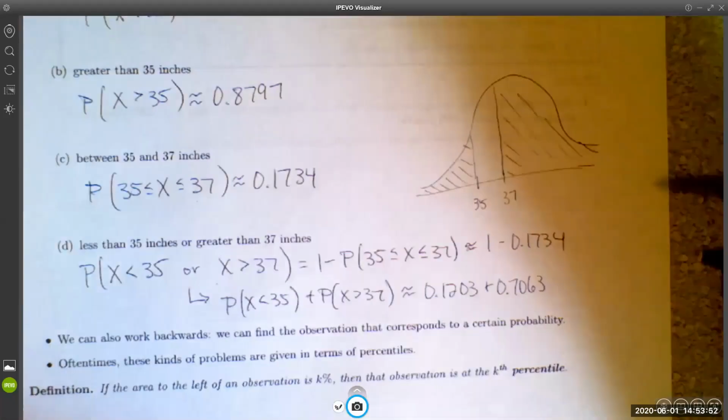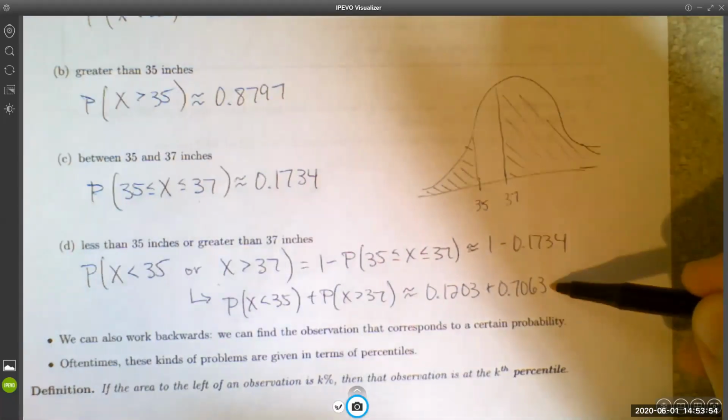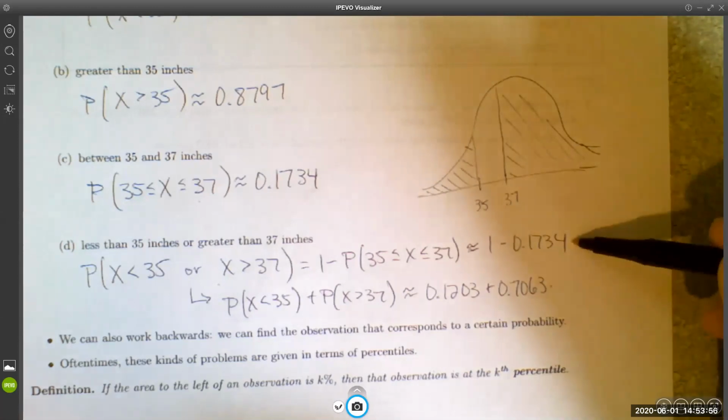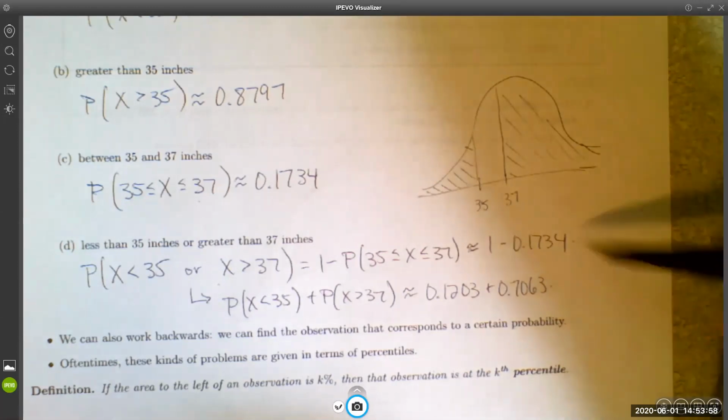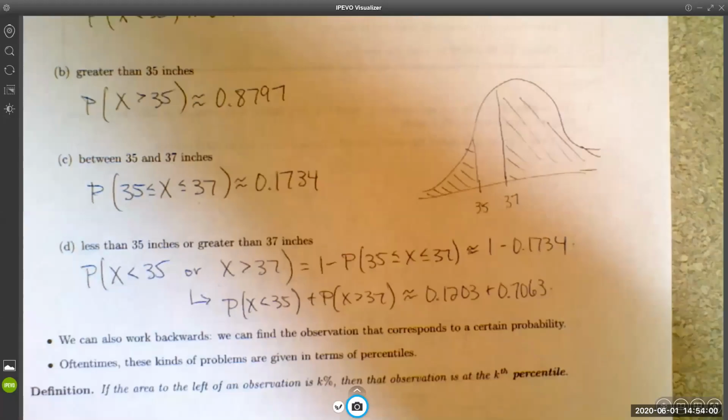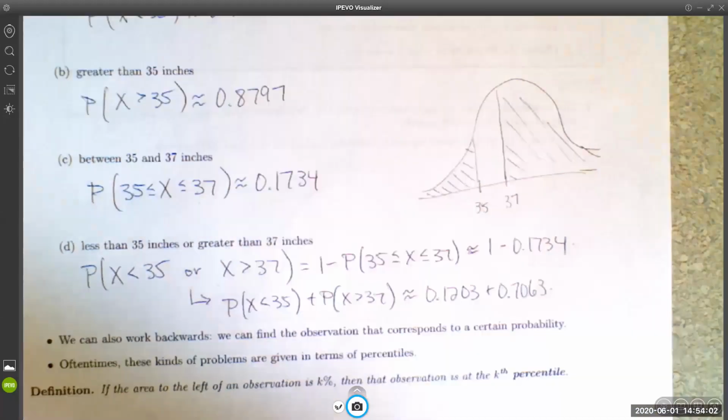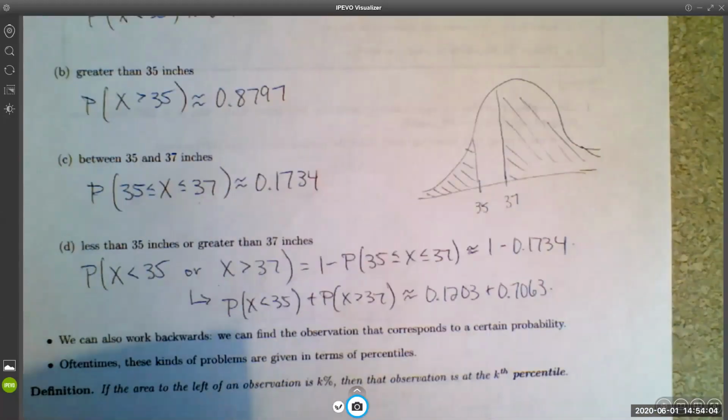Okay, and then when you add these up, you should get the same thing as you would get if you were to do this subtraction right here. In both cases, I think you're going to get the same thing. Let's see. 1 minus 0.1734 is 0.8266. And 0.1203 plus 0.7063 is also 0.8266, right?